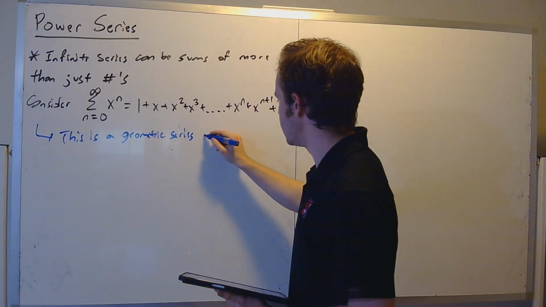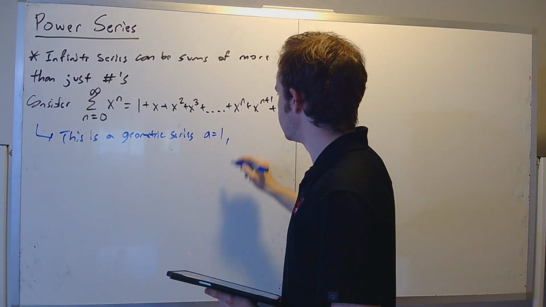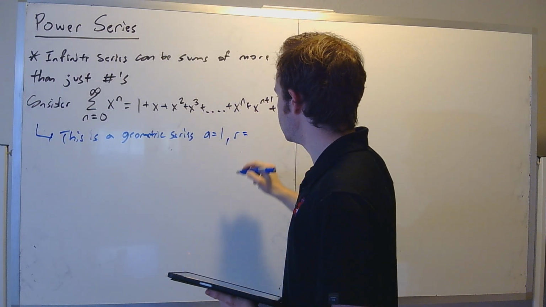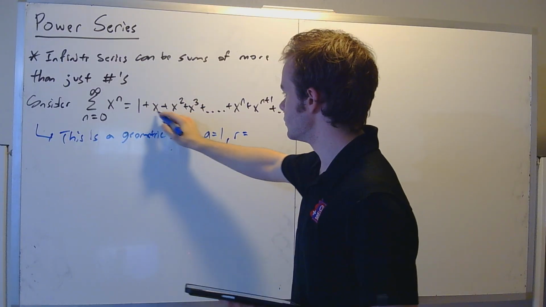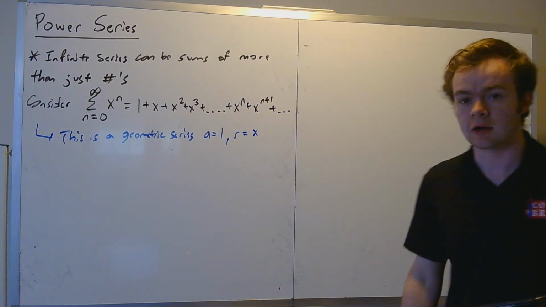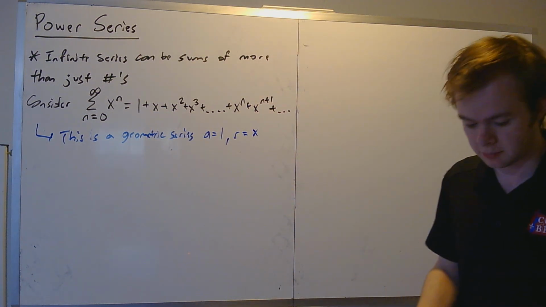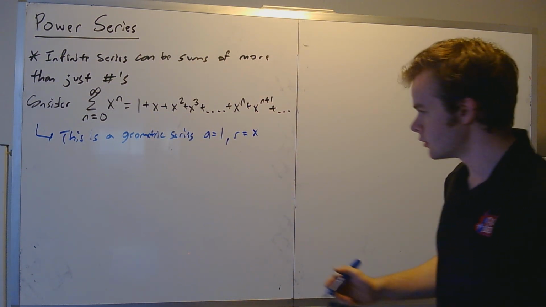So here we're going to have a equals the first term, which is 1, and r equals whatever you're multiplying to get each successive term. So r is going to be x, because you have to multiply this term by x to get to the next term.